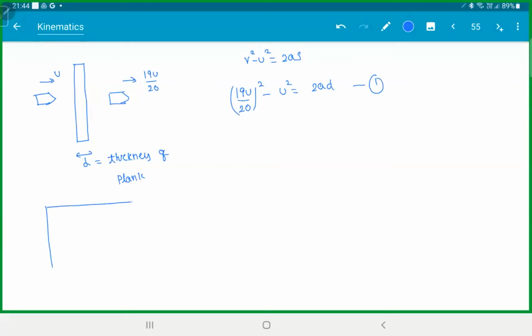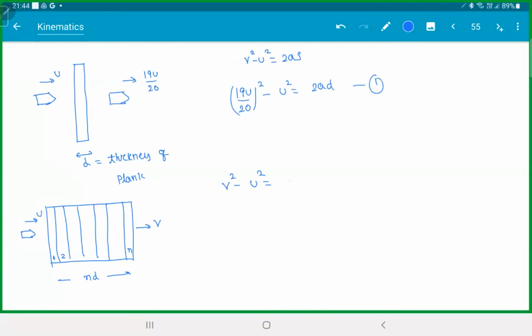Now you want to stop the bullet, so let's say you kept n planks. This distance becomes nd. Let the initial speed be u and the final speed be v. If I apply this equation now, v square minus u square will be 2a into nd. Now in the first problem, it will stop, so v is equal to 0. So you get minus u square is equal to 2ad into n.